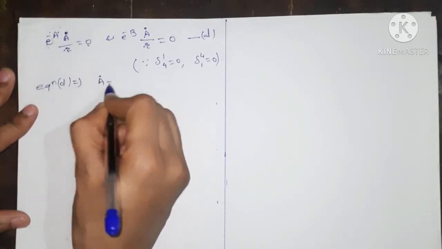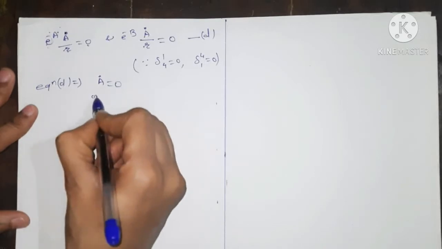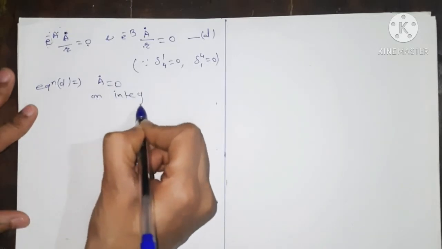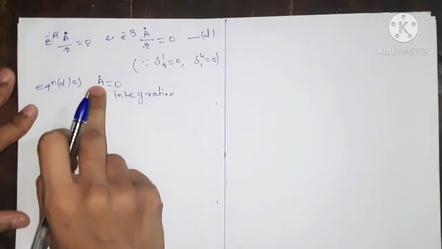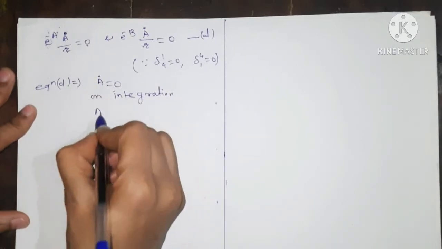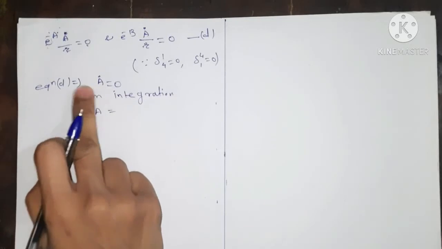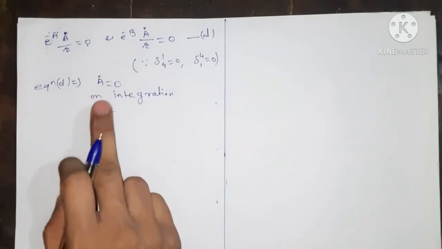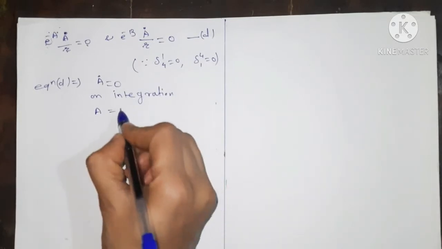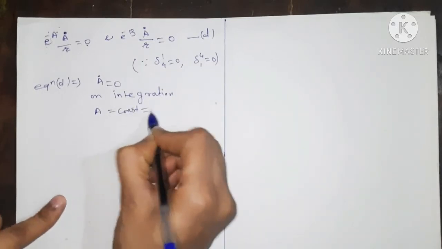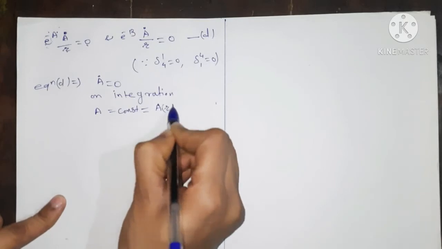So a dot equals to 0, and on integration we get, a dot means here it is a partial derivative with respect to t. Okay, so we get derivative is equals to 0. Then after integration we get a should be constant. Okay, and this constant is nothing but it is equals to a of r.